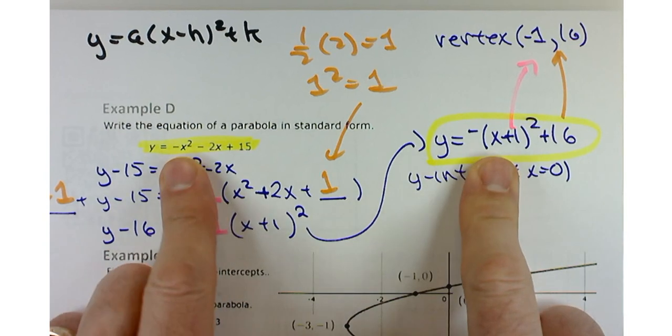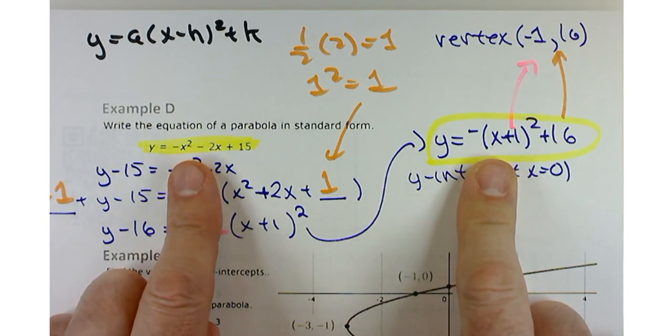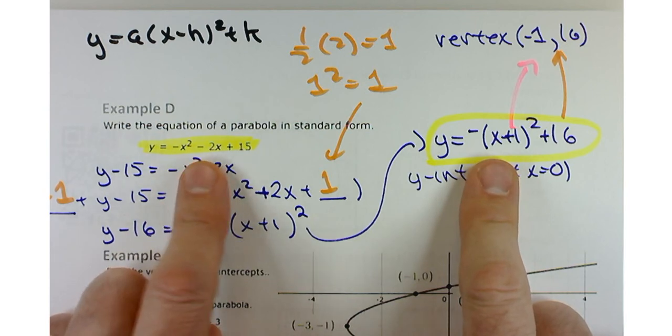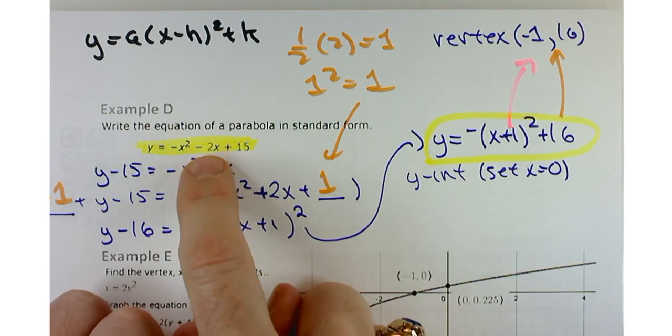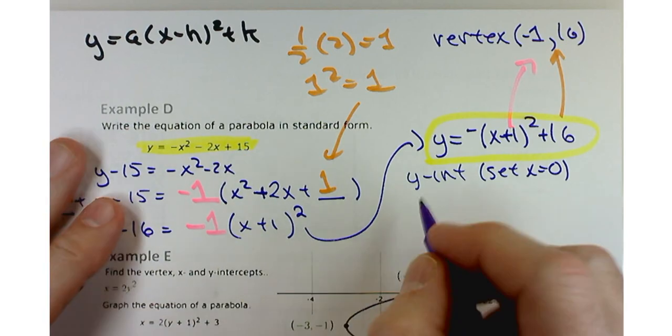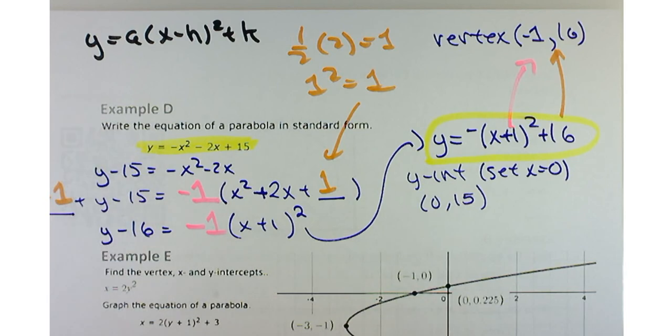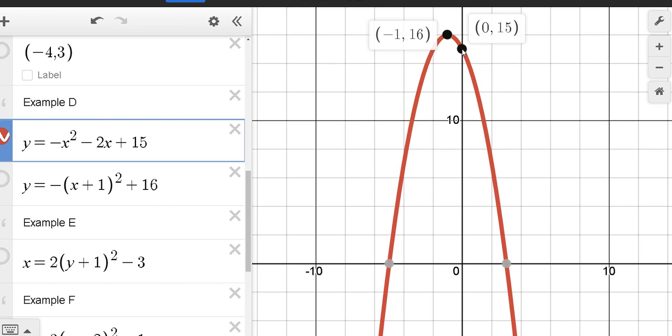Which one of these equations is it easier to plug in x equals 0? It's personal opinion, but I think the first one, right? Because that disappears, you just get 15. So the y-intercept would be 0 and 15. Great.